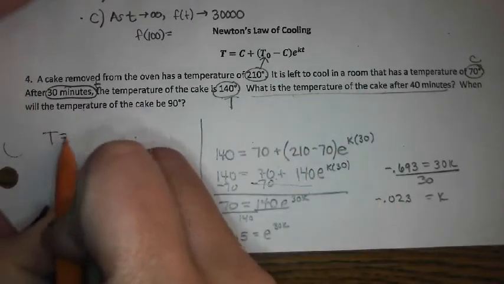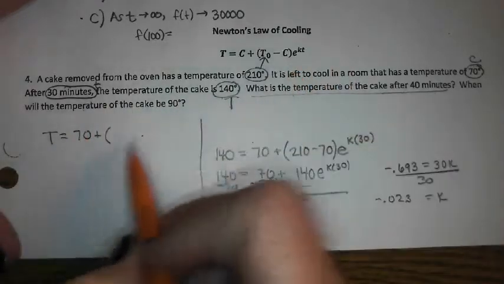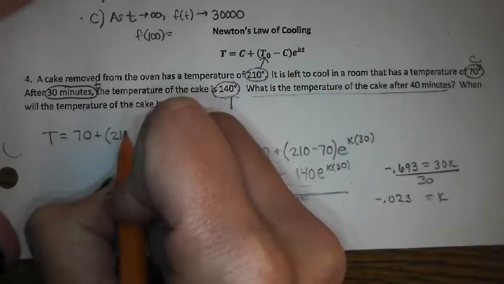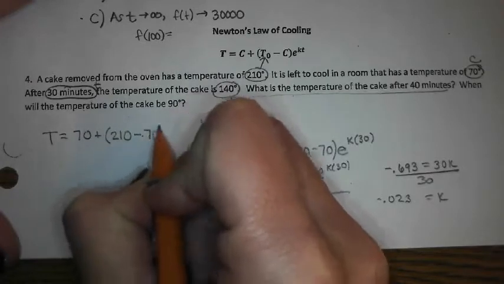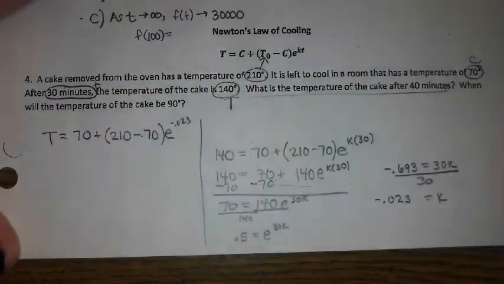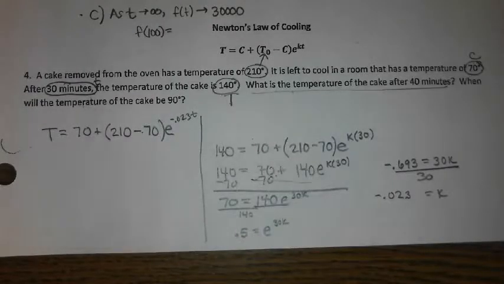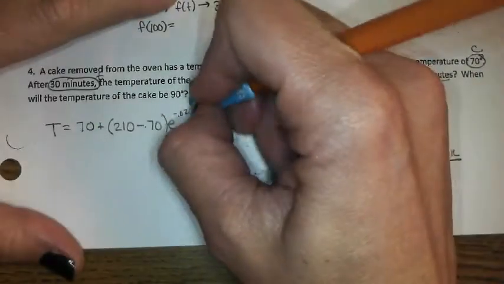So T equals, your C is not changing, your initial temperature is not changing, your k is now that negative 0.023 number, and we're solving for T. Oh, no, we're not. T is 40.